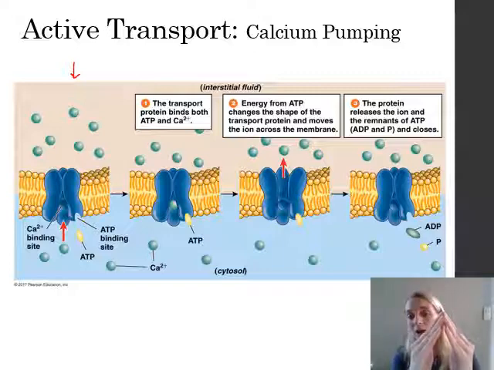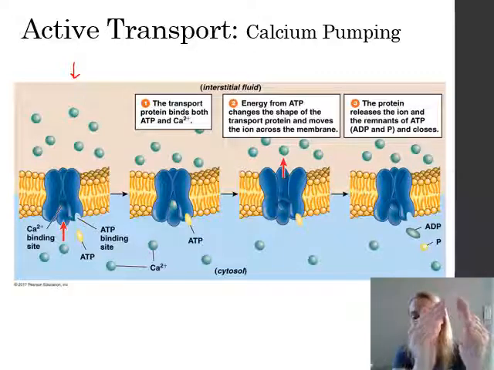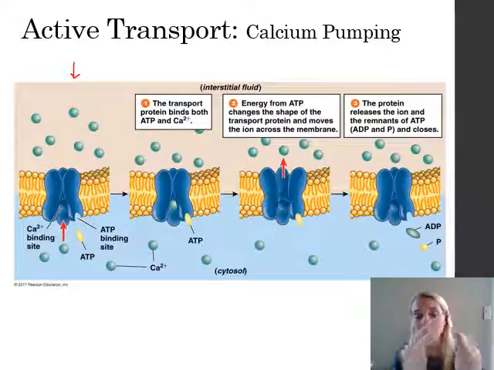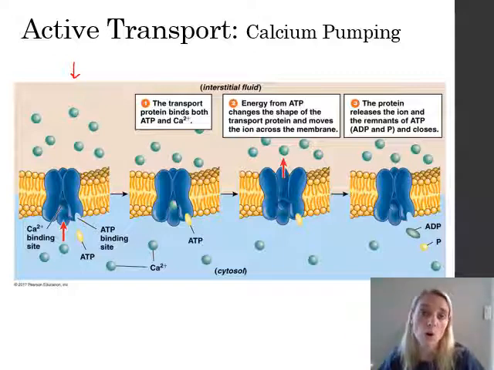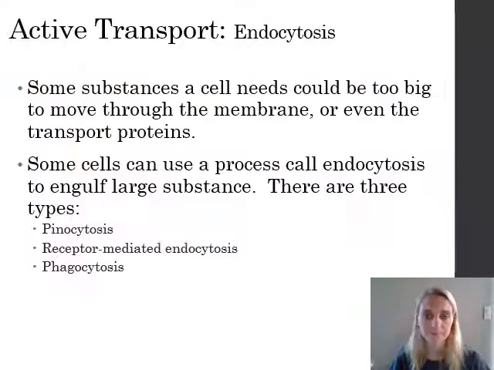Then with the power of ATP, it's going to force that pump open, and the calcium is pushed out. Then we release that phosphate group, and it changes the shape back to take in another calcium. It's kind of like that Pac-Man, but it requires energy because we're kicking out the calcium into an area where there's already a whole bunch of calcium. So this is our example of active transport.